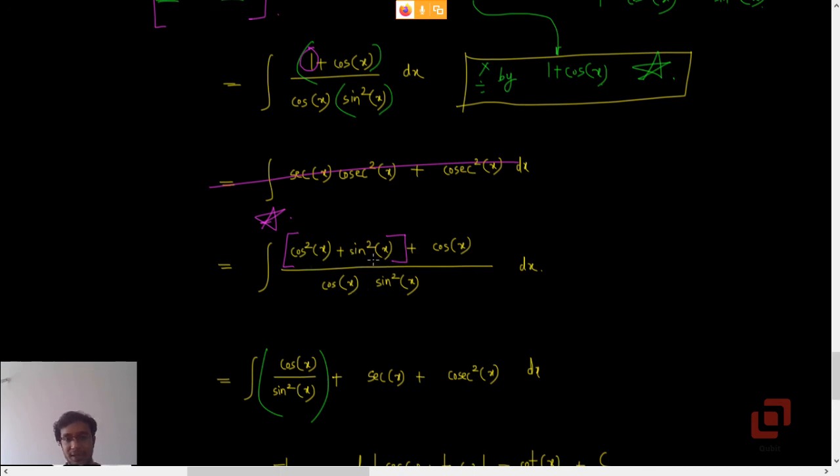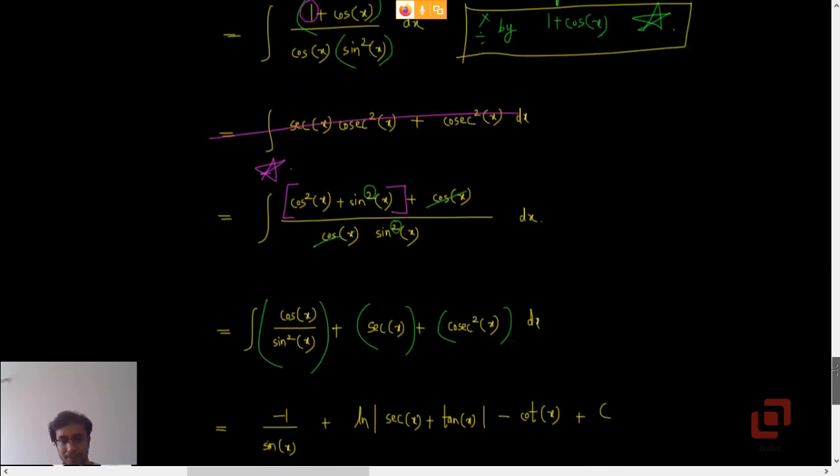Okay, second is simply 1 upon cos x, because we have sin squared x here and sin squared x here, so cancel them, simply sec x. Then let's go to the third term, that is cos x upon cos x into sin squared x. Cos will get cancelled only for the third term now, so you will end up getting 1 upon sin squared x or cosec squared x. Now you can integrate.